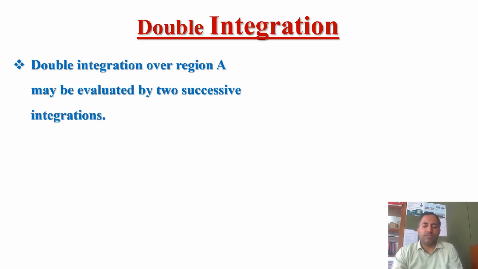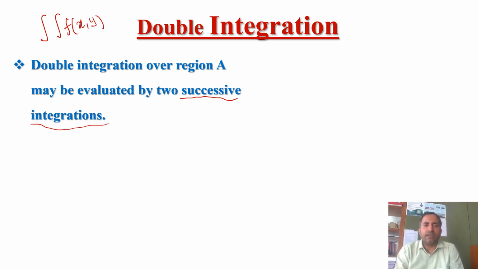So now we talk about the double integration. Double integration is what? It is two successive integrations, right? One integration that you know, and again a second integration that you can do here. Only the thing is, in the single order integration, it was f(x) only.